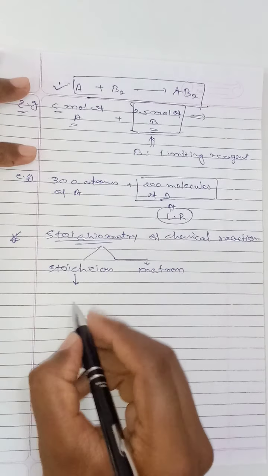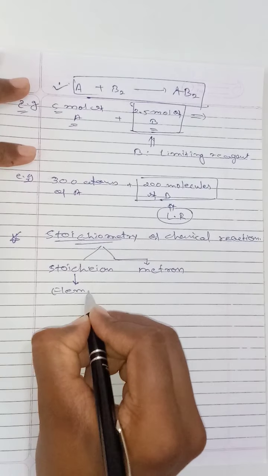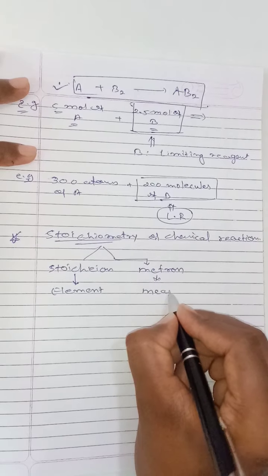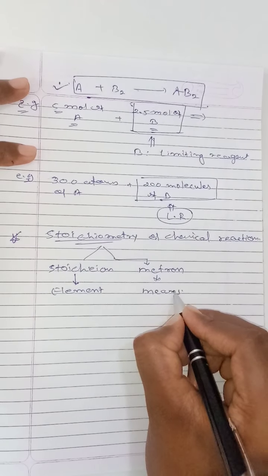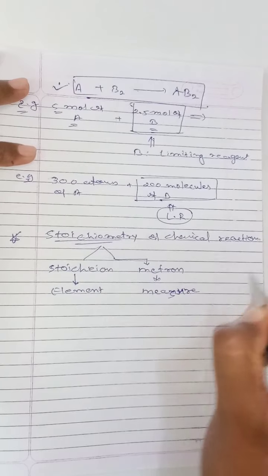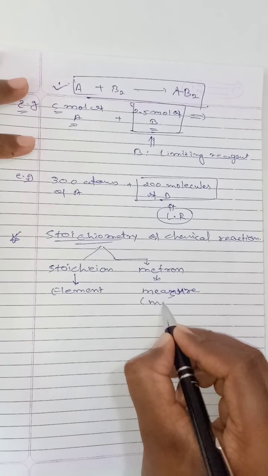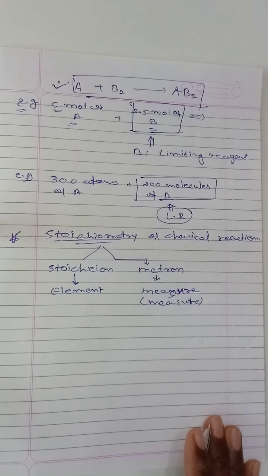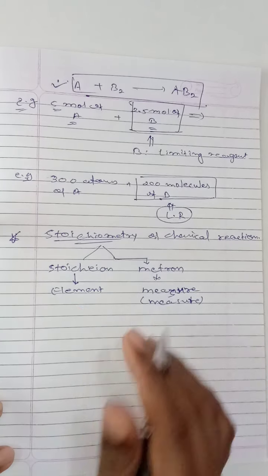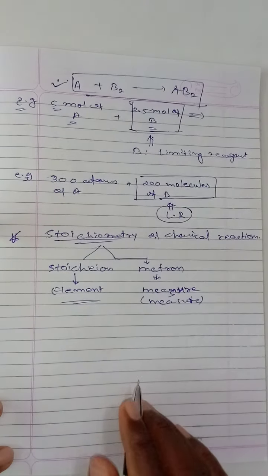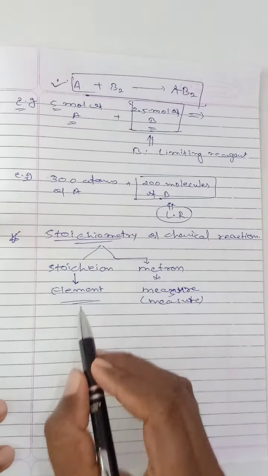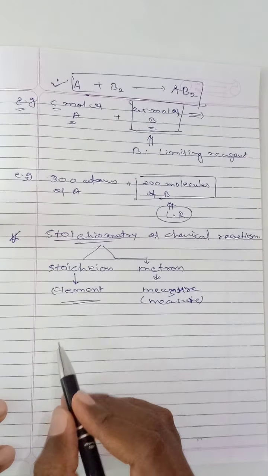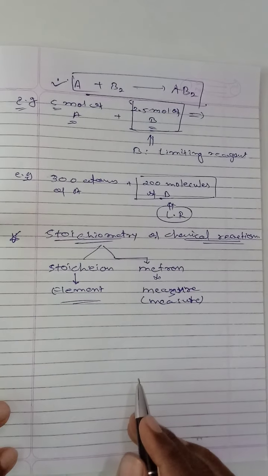Stoichion means element, and metron means measure. Stoichiometry deals with the calculation of mass of the reactant and product involved in a particular chemical reaction.